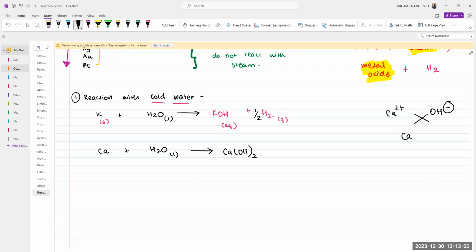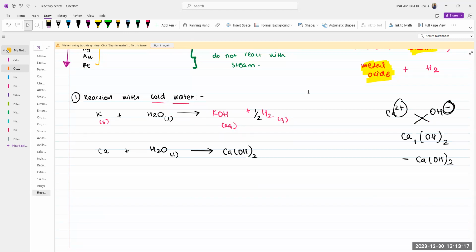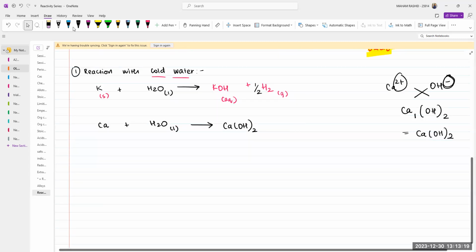So this minus, since it's just a minus, meaning 1, and OH gets the 2, right? So this turns to Ca(OH)2 plus hydrogen.